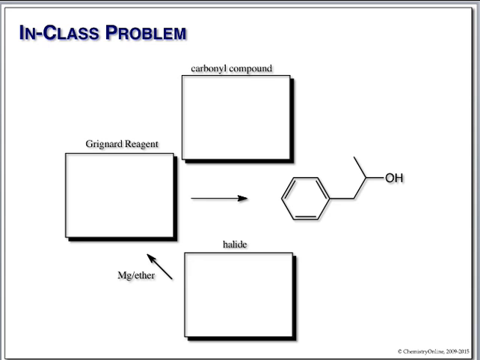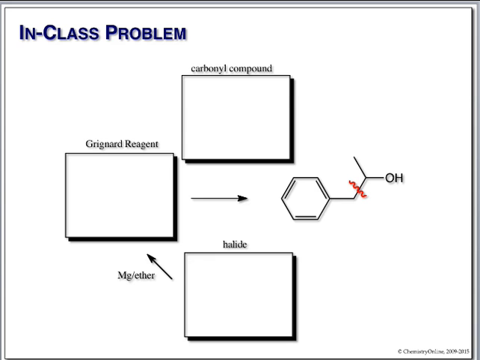What you're going to do is start at the carbon bearing the hydroxyl group, and we're going to split on both sides, just like we did with the Williamson synthesis. When we do that, we're going to generate one half of the molecule, one portion, that's going to be the carbonyl, and the other portion is going to be the Grignard. On the exam, you simply draw the appropriate things in the little boxes.